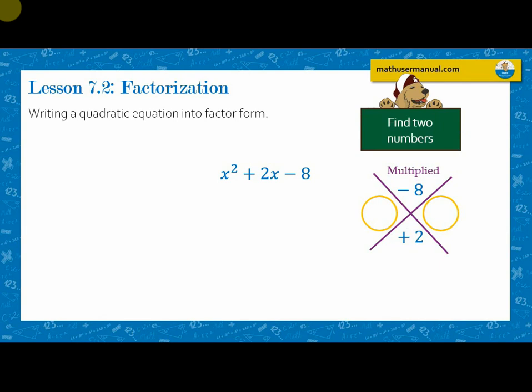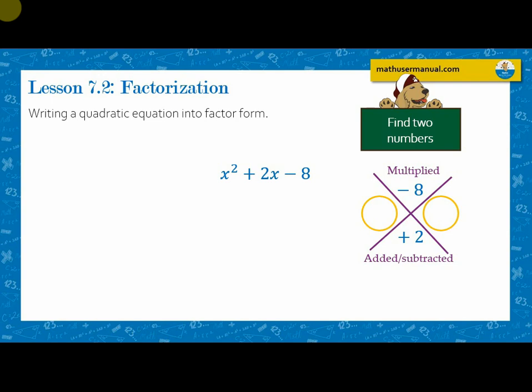But when those two numbers are added or subtracted, we need to get the bottom of the diamond, which is +2. So now factorization starts getting a bit trickier, because we need two numbers that when multiplied are negative, but when added or subtracted are positive.